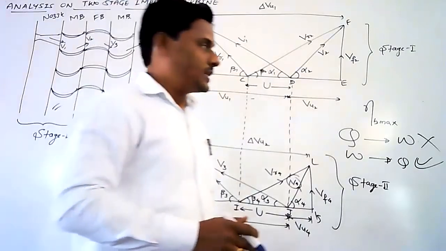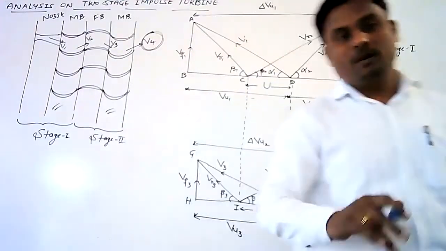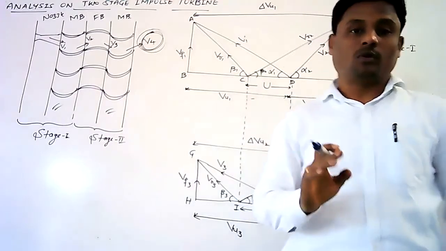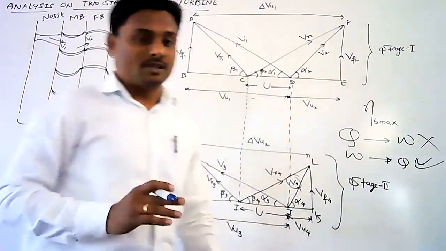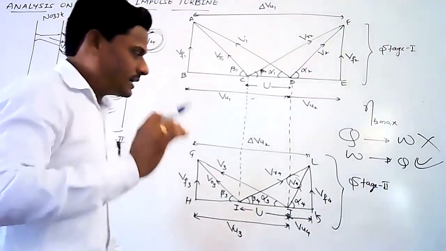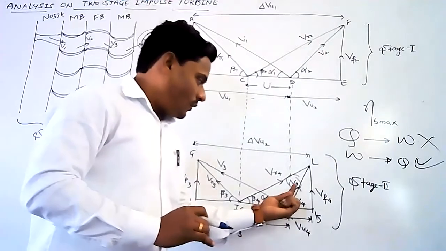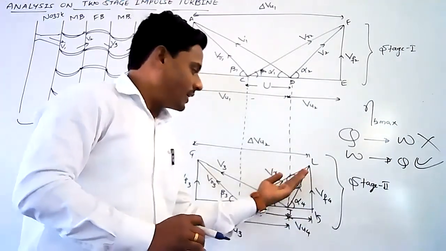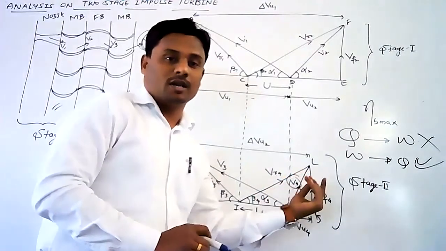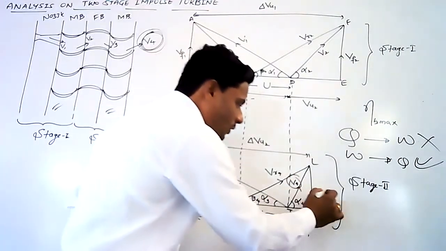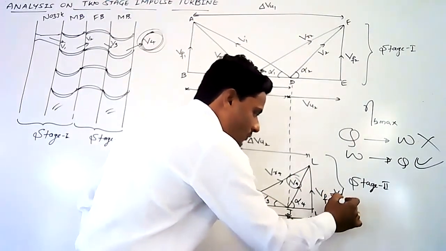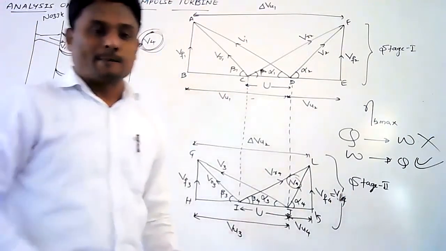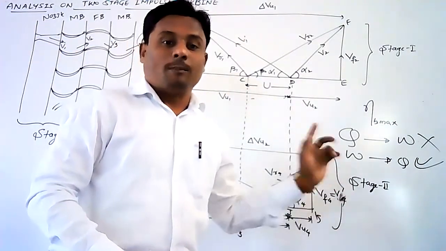So overall, V4 should be as minimum as possible to get the maximum amount of work from the complete system. A little consideration shows that V4 will become minimum when it is vertical, or equal to VF4. If V4 equals VF4, then this shows the condition for maximum blade efficiency.